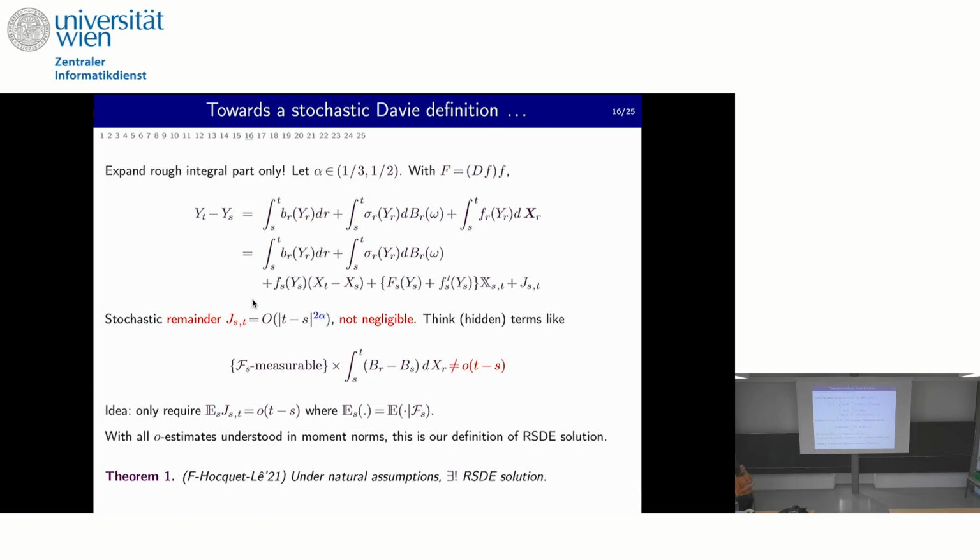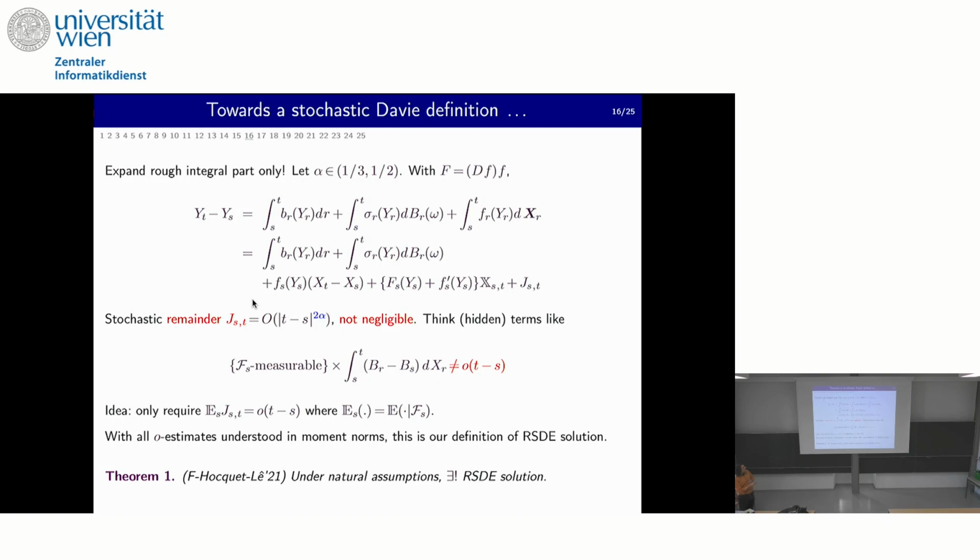And this is not negligible as it was previously, in the sense that you have an exponent greater than 1. Here we just have 2 alpha. Alpha is less than 1/2, so this is not true. But if you think which terms you're dropping here, they would involve these martingale bits and cross integrals of this b and x here. And so these terms are not little o of t minus s.